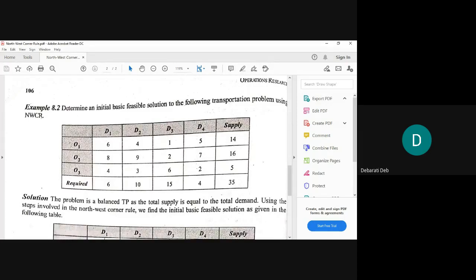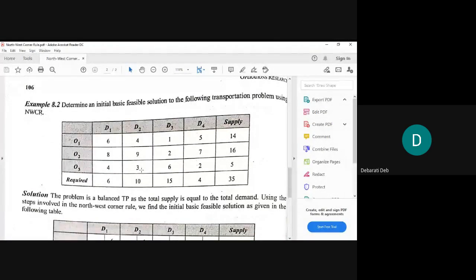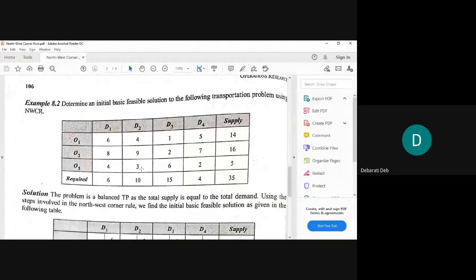Alright, so let us take this example today, and I will again explain the entire technique from the beginning so that everyone can understand. Alright, so this sum says what? Determine an initial basic feasible solution to the following transportation problem using NWCR. NWCR means Northwest Corner Rule.